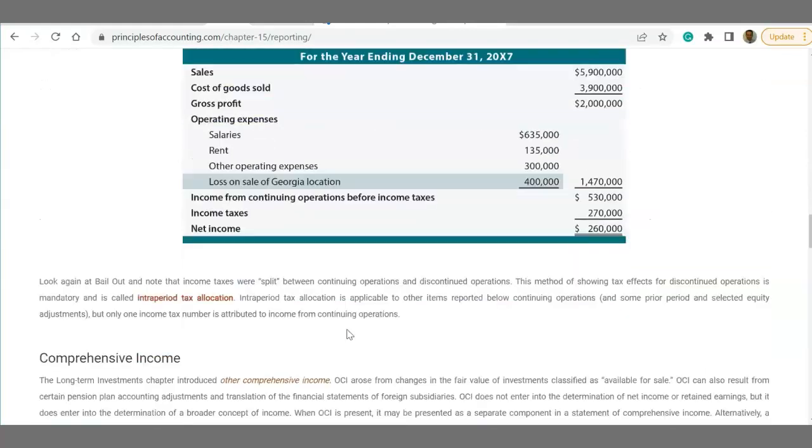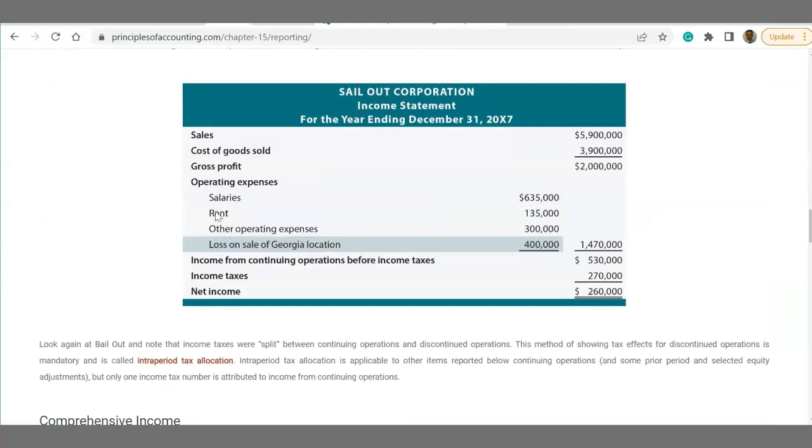I normally don't put it here in the same lineup together, because these three things are operating expenses, and operating expenses are selling and general administrative expenses. If there is any loss or gain on sale of equipment or location, any interest income, interest expense, those are other things.